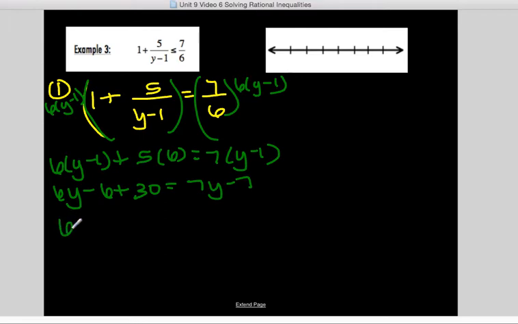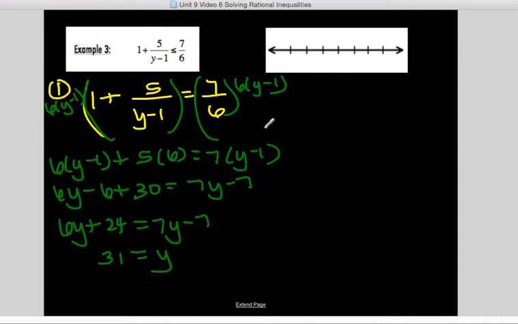On the left-hand side, I would have 6y plus 24 equals 7y minus 7. Now, if I solve this, I would subtract 6y from both sides, so that would give me y, and I would add 7 to the other, which gives me 31. So y is equal to 31, okay?